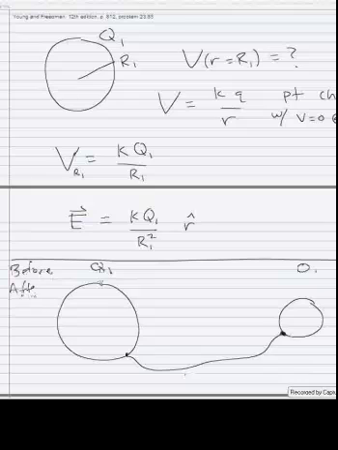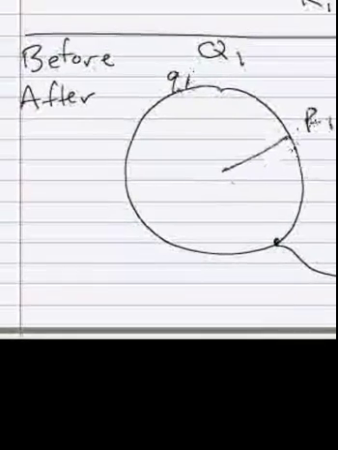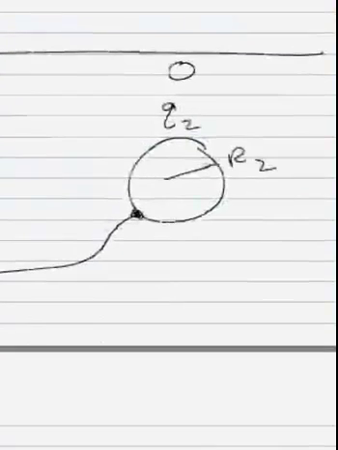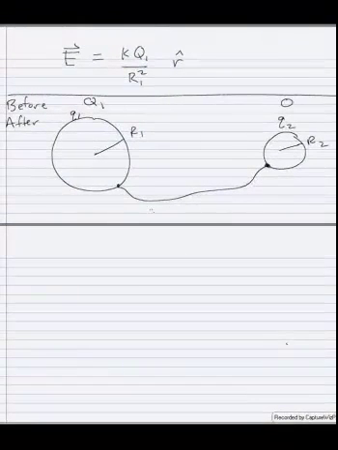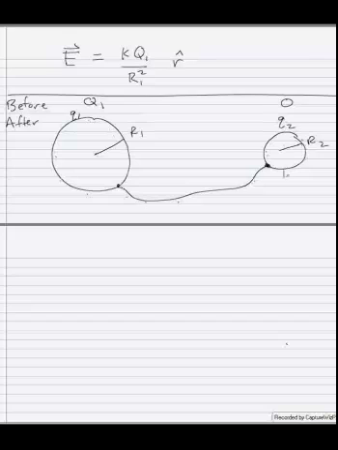And after hooking them up, I'm going to call it little q1 and little q2. This is radius R1 and that's radius R2. So what this wire does is makes them all one big happy conductor.